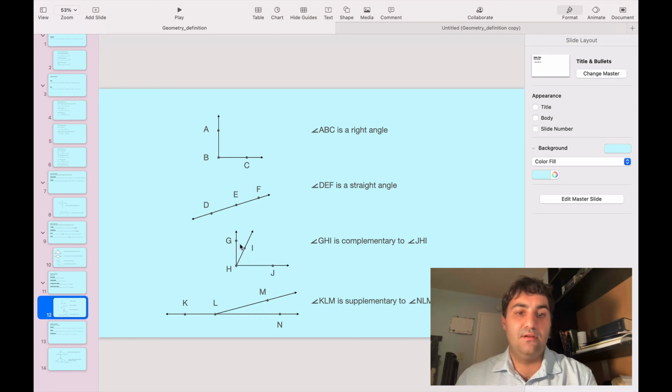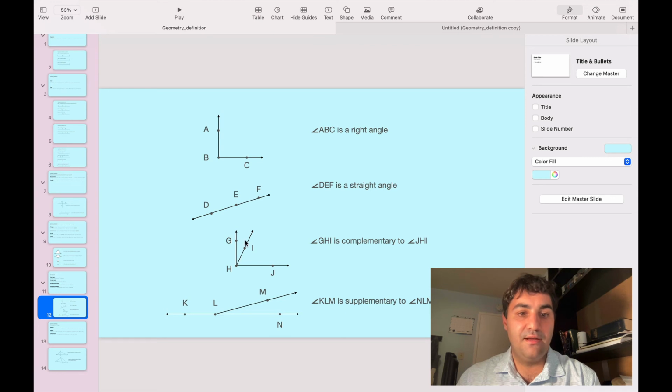But let's take a look at angle GHI. I don't know what the measure of this angle is, but obviously it's smaller than 90 degrees.